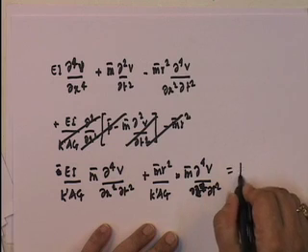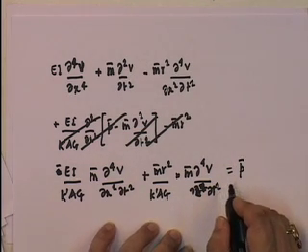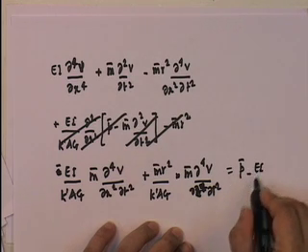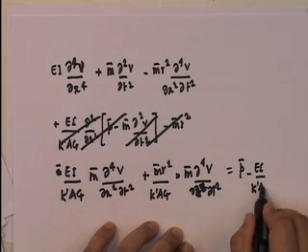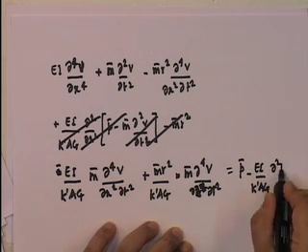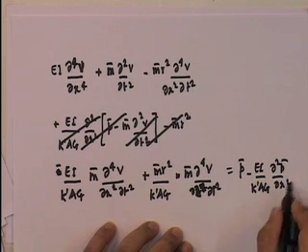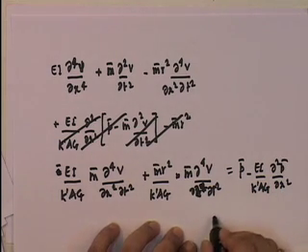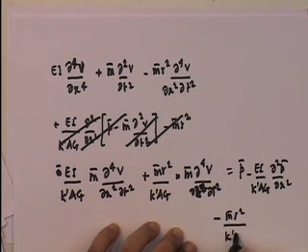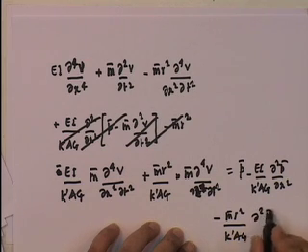and there I have p bar, minus EI upon k prime a g into del squared p by del x squared, and minus m bar r squared upon k prime a g into del squared p by del t squared.